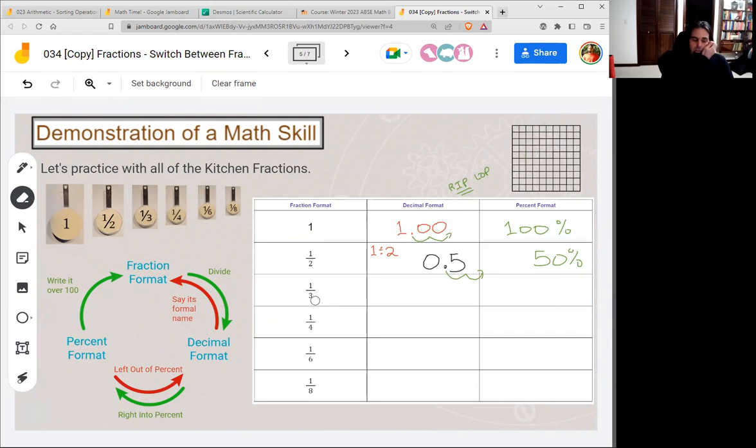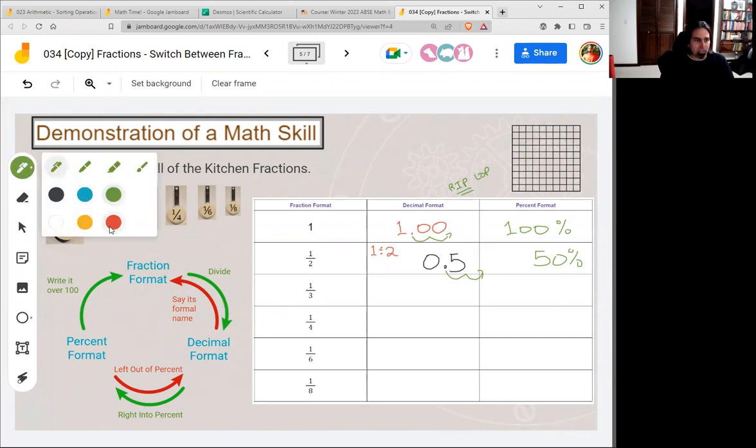A third. This one is going to look a little trickier, but we can handle it.